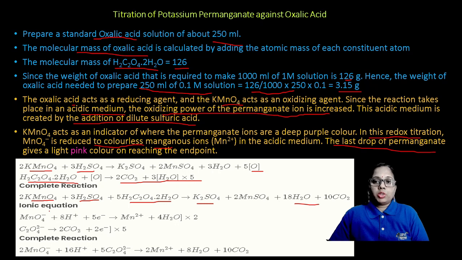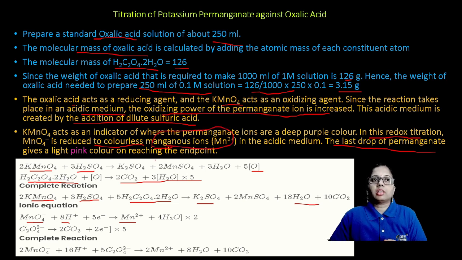In the ionic equation, the permanganate ions undergo addition of hydrogen, which means loss of oxygen is going to take place. With this addition of electrons, it is converted by a reduction process into Mn+2 ions, the colorless manganese ions.